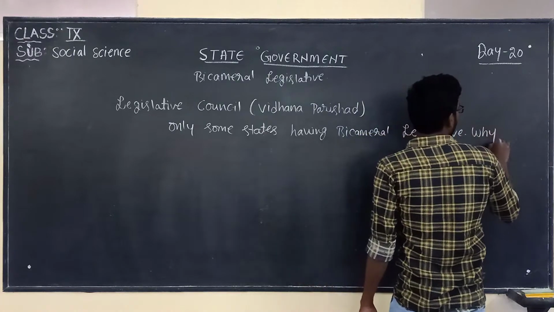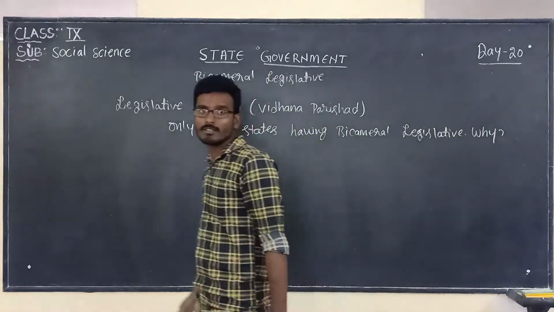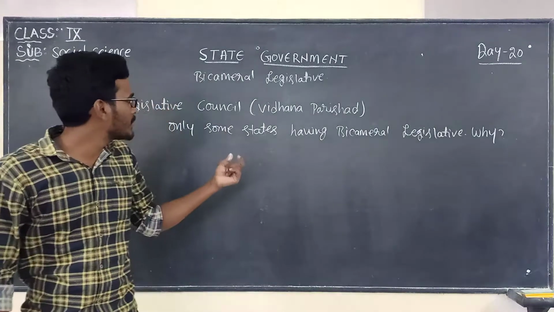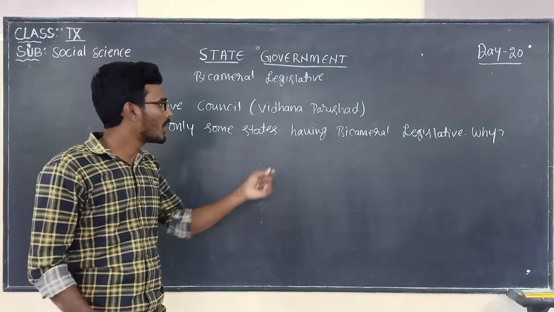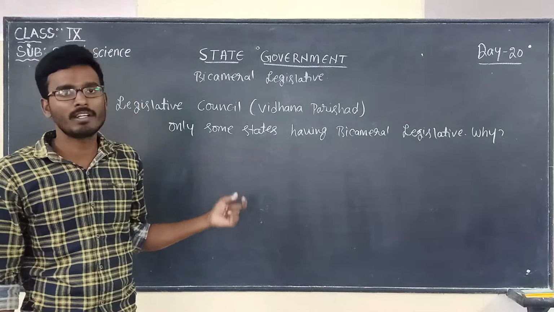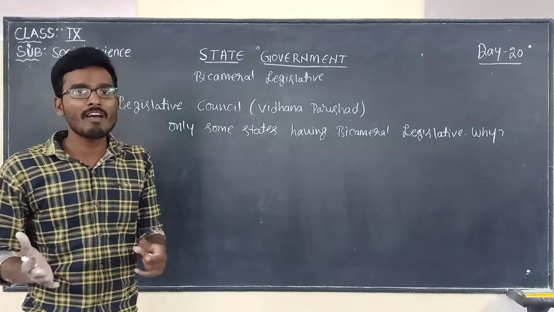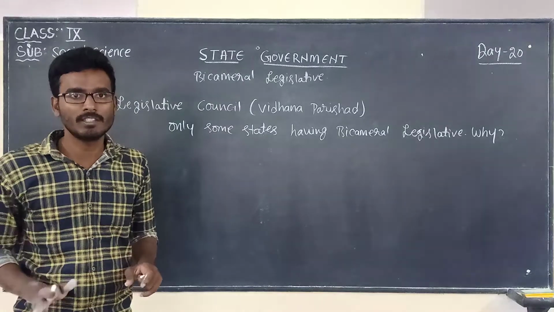What is the reason here? Why? Among those states, Karnataka is also one of the important states. Why is there a bicameral legislature here? And why do some states not have one?